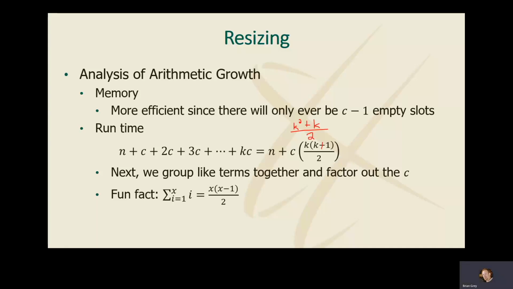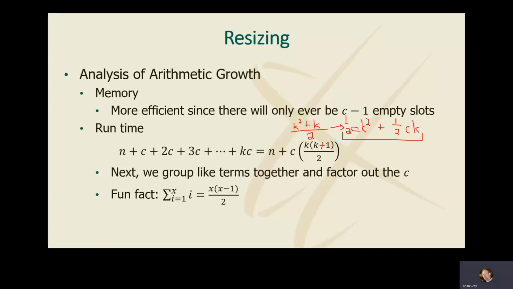So we can then take that and turn that into 1/2 CK squared plus 1/2 CK. Do we all see how we get from this slightly altered equation to this? Okay.